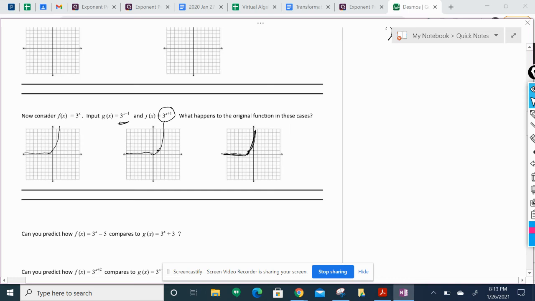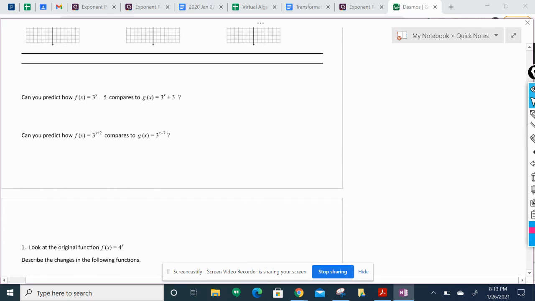All right, so let's take a look. You can use Desmos to help you as you do these next few problems, just to check. But can you predict how f of x equals 3 to the x minus 5 compares to g of x, which equals 3 to the x plus 3? So again, we have to think, a normal curve, what would it do?